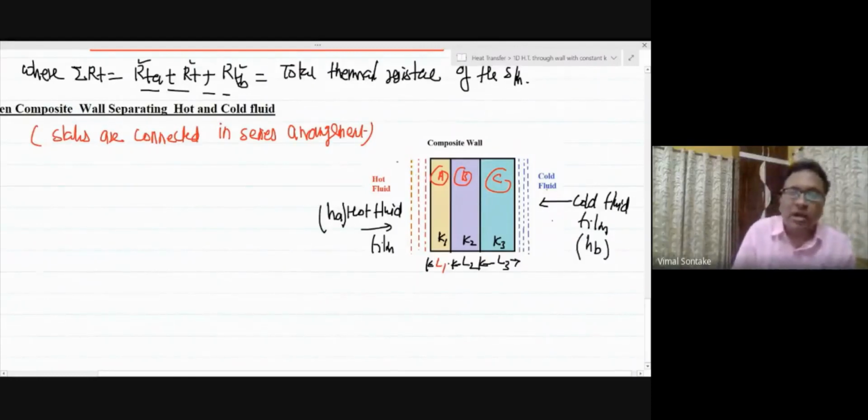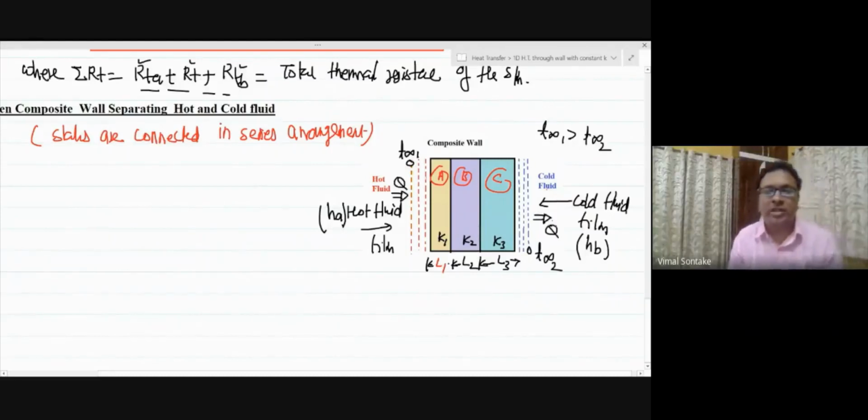Let's say the hot fluid is at temperature T infinity 1 and the cold fluid is at temperature T infinity 2. Obviously, T infinity 1 is greater than T infinity 2. So heat transfer will take place from the hot fluid side to the cold fluid side at the rate of Q watt.